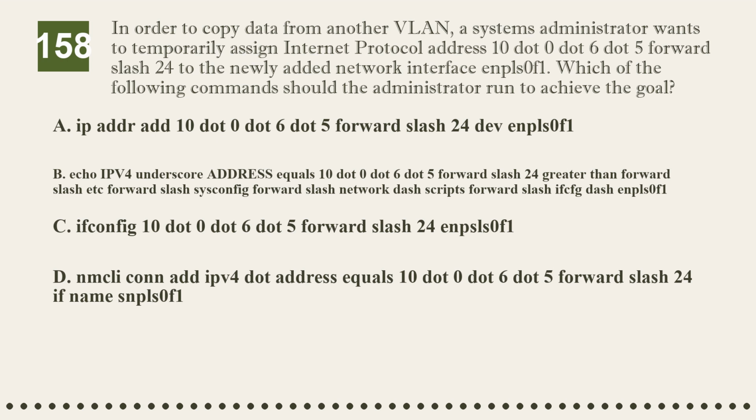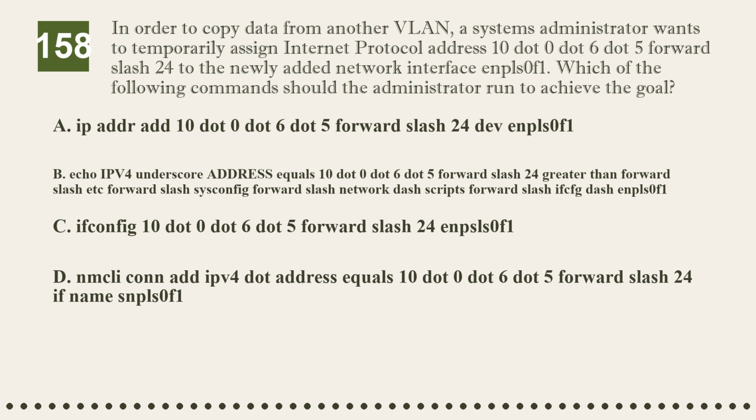Question 158. In order to copy data from another VLAN, a systems administrator wants to temporarily assign Internet Protocol address 10.0.6.5/24 to the newly added network interface enp1s0f1. Which of the following commands should the administrator run to achieve the goal? Option A, ip address add 10.0.6.5/24 dev enp1s0f1. Option B, echo IPADDR=10.0.6.5/24 > /etc/sysconfig/network-scripts/ifcfg-enp1s0f1.